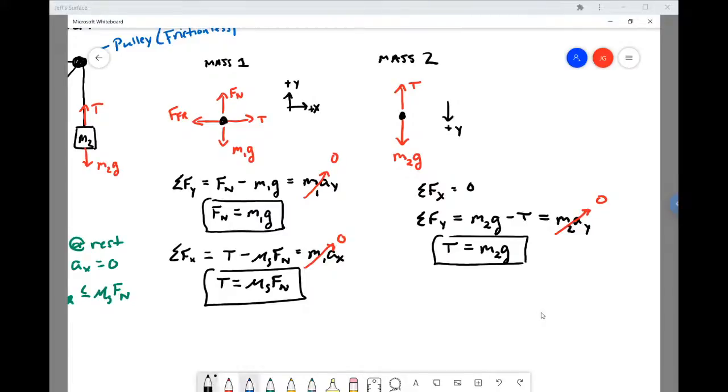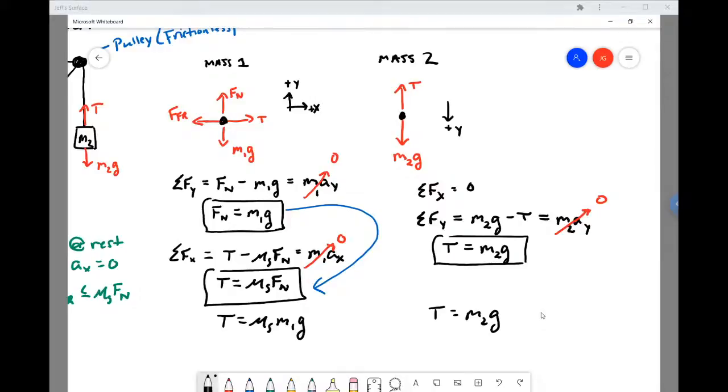So now let's connect the dots. One thing we can do is put the normal force in down here. So we get the force of tension equals μs m1 times g, and then we have tension equals m2g.